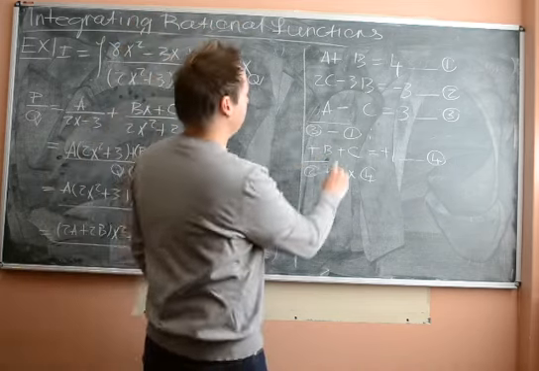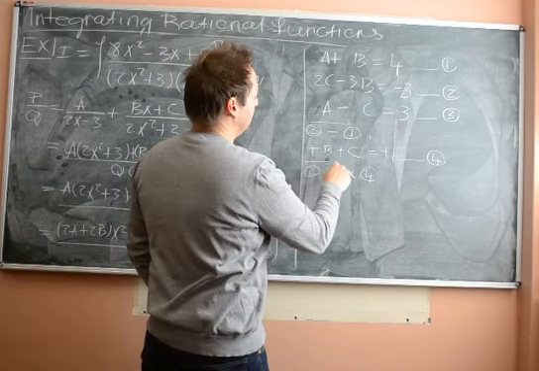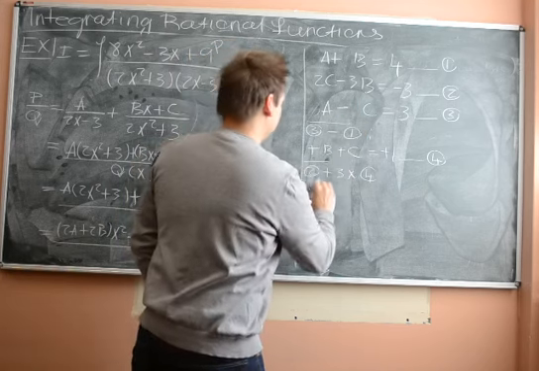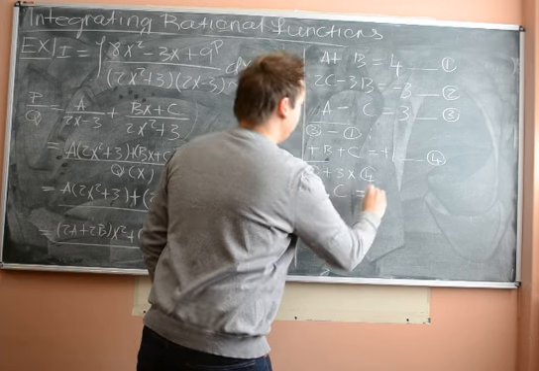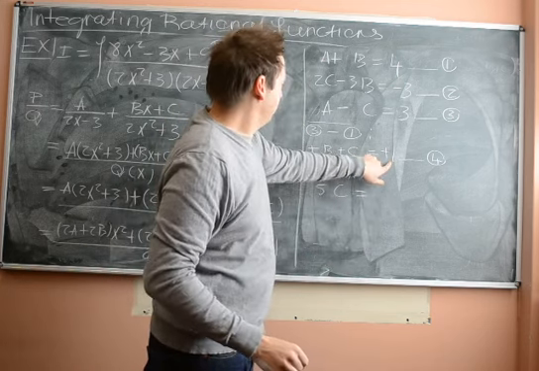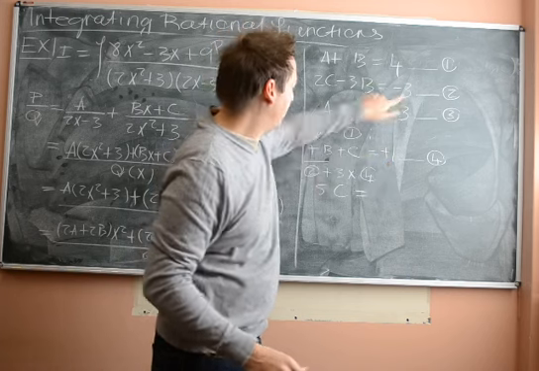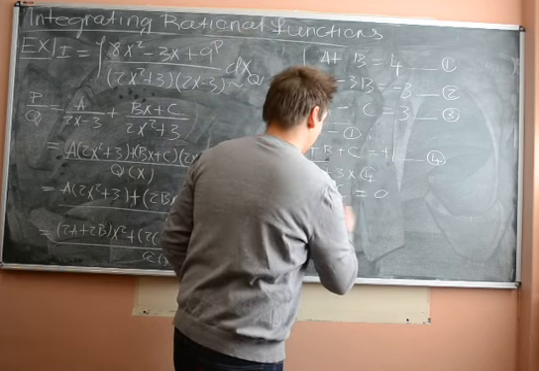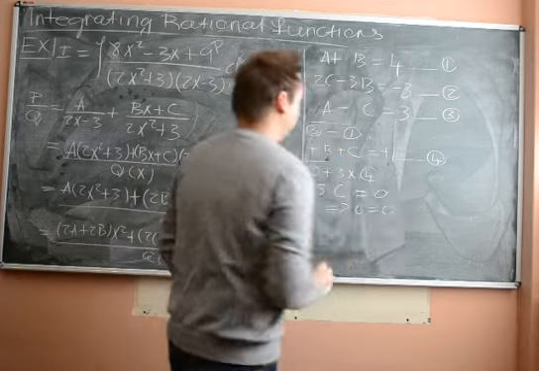What we're left with is 2c plus 3c, so we end up with 5c, and on the right, −3 + 3 is 0. So c is 0.